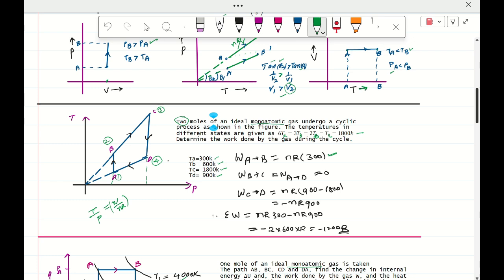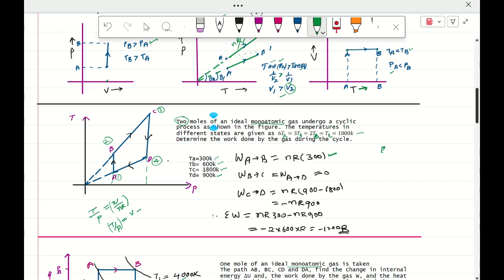Therefore, T by P is equal to V by nR. The slope of T versus P is proportional to V. So for this B to C, V is constant here. The slope of this one is constant, and it is more also. So VB and VC are more than VA and VD. This point, remember. Because see, this is the T-P graph.